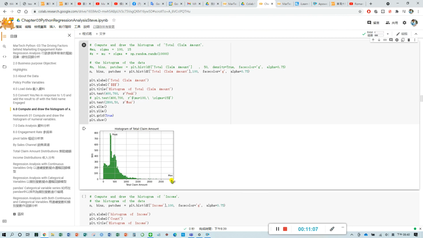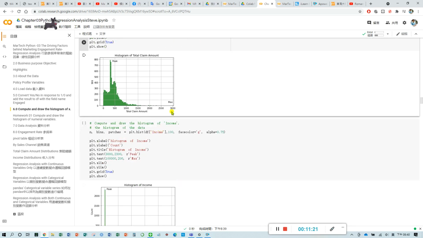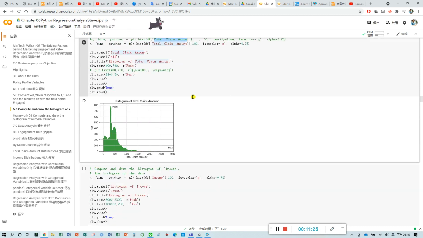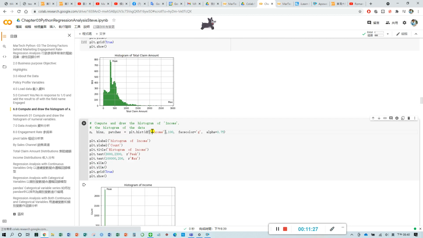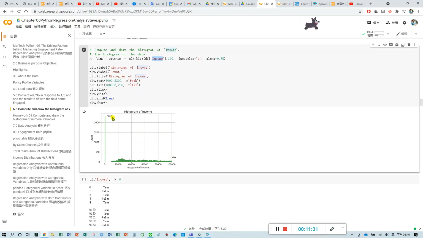So what is the maximum? Almost $3,000 for the total claim amount. 出险的金额. Okay, so you may replace the variable total claim amount with income, right? Then you may see the income distribution for your customers.